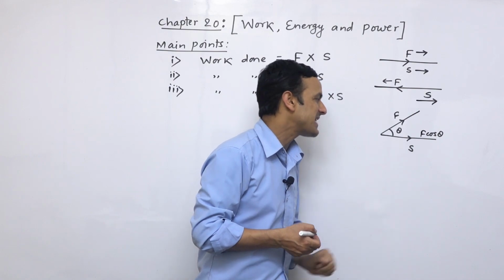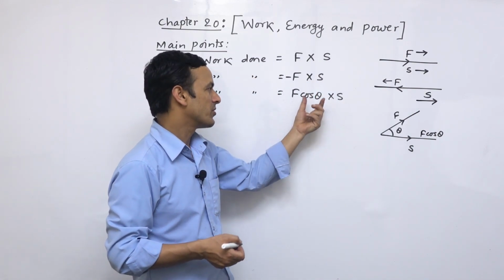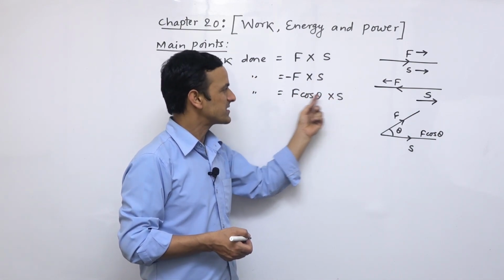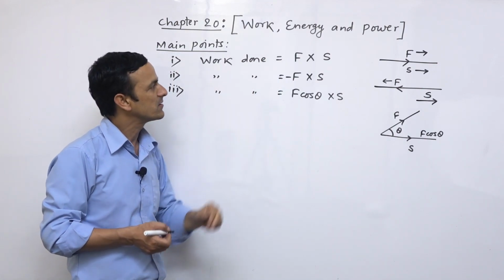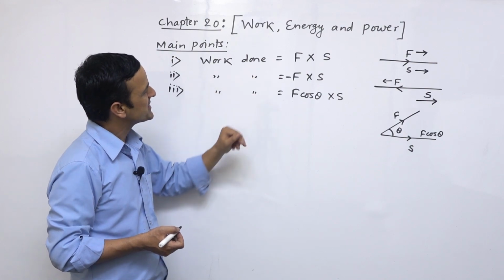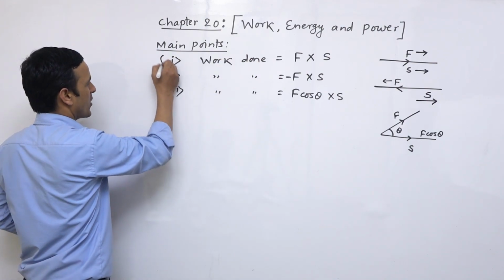So displacement means S. If you multiply, the product of this force and displacement altogether becomes work done by body. So we can show the formulas in three cases like this.